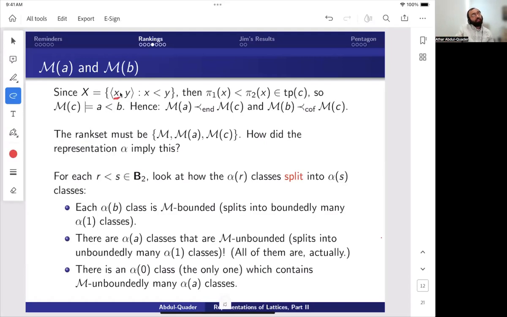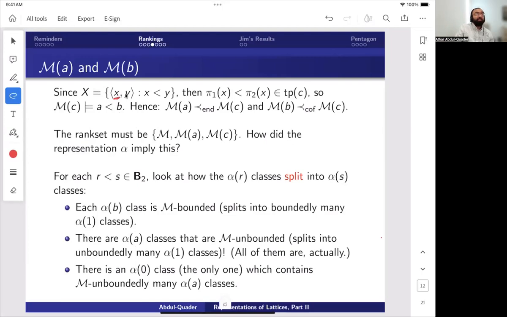That alpha of A class is unboundedly large. The alpha of 1 classes are singletons, so that alpha of A class splits into unboundedly many alpha of 1 classes. In fact, every alpha of A class has that property.